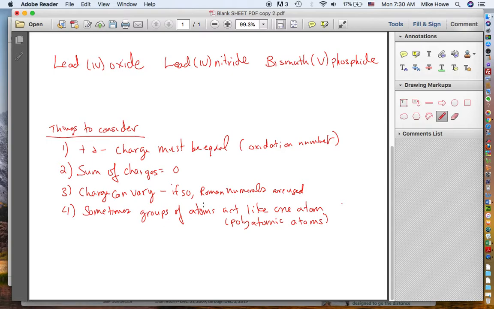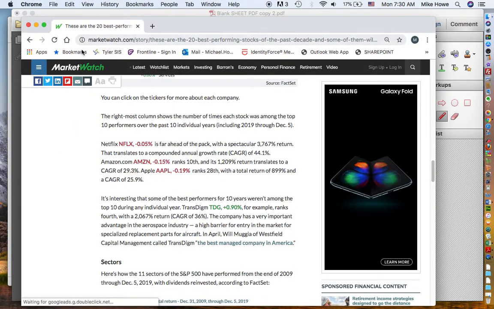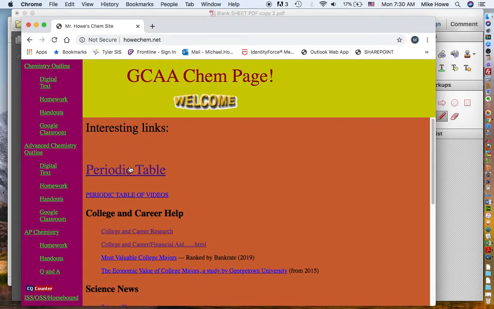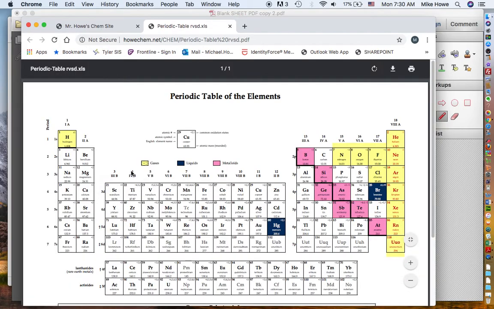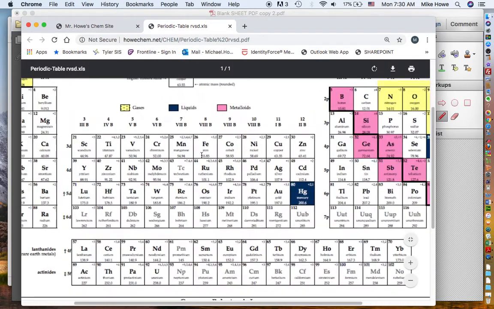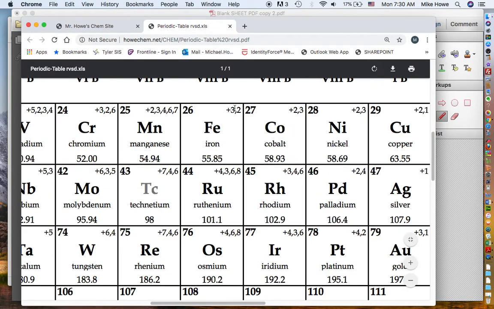Thirdly, charge can vary. If charge varies for some elements, then Roman numerals can be used. So if we go to a periodic table, for example, if you look at, say, iron here, see how it's got a +3 and a +2, or cobalt will be a 2 or a 3, or nickel will be a 2 or a 3, or copper a 2 or a 1, and so on.